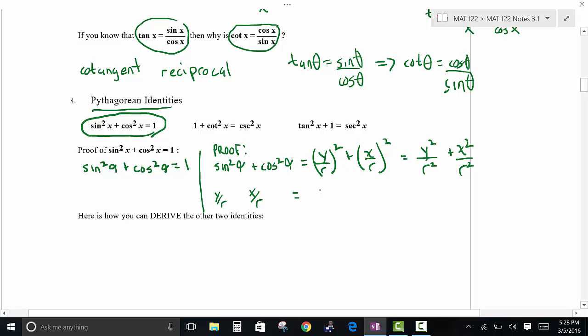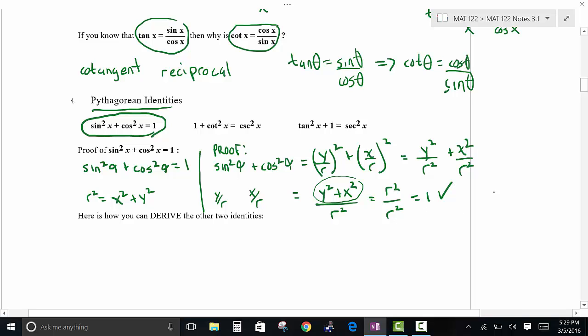So we have a common denominator, so we're going to write this as y squared plus x squared over r squared, keeping the denominator. But recall that what we know is from the Pythagorean theorem that r squared is equal to x squared plus y squared. So that means this thing right here is really just r squared, and then r squared divided by r squared is 1. So that's how you can prove that that is true.